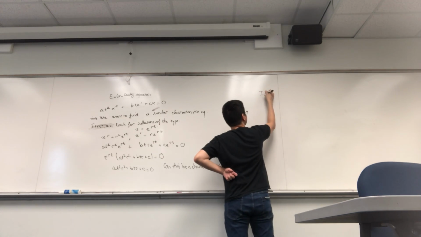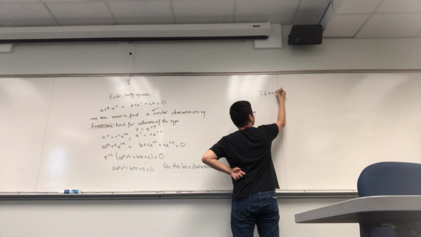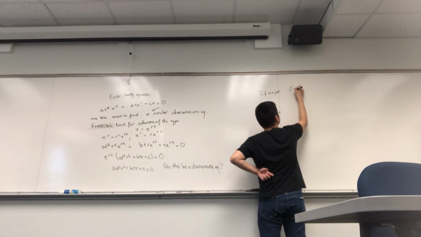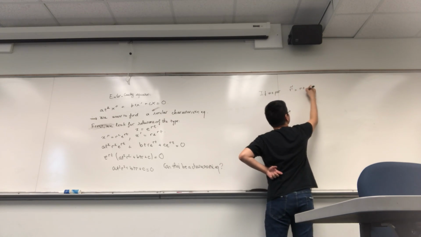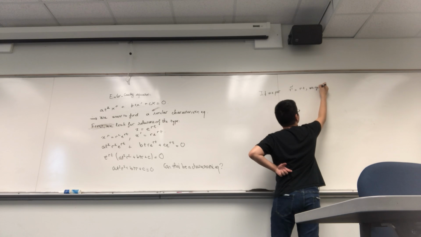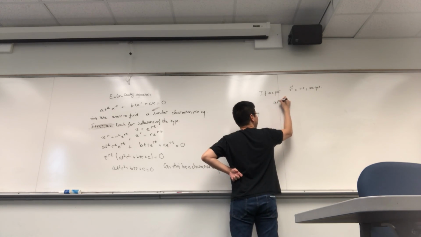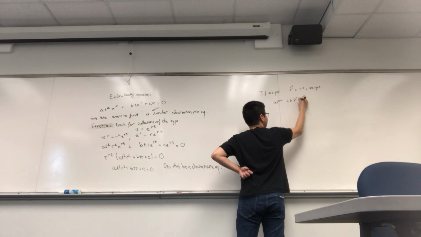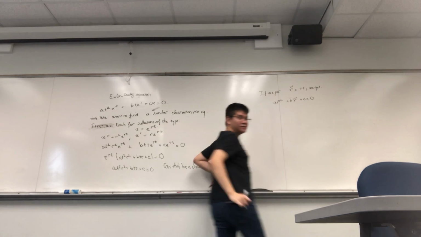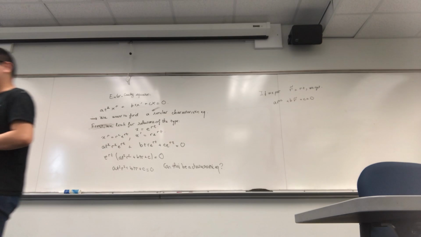So if we put r tilde to be rt, we get a r tilde^2 + b r tilde + c = 0. All right, so this is a quadratic form.